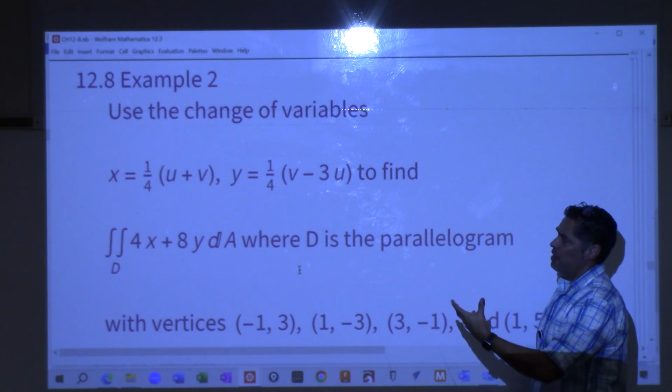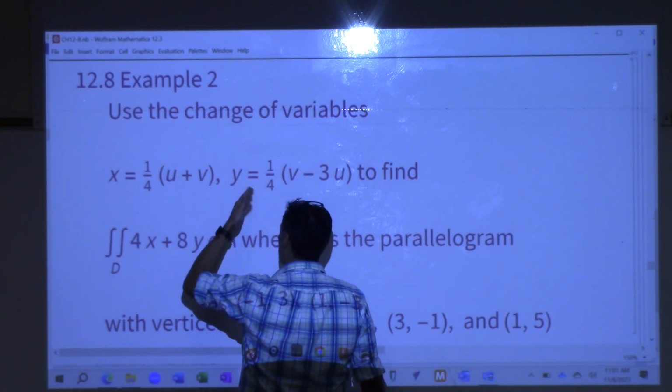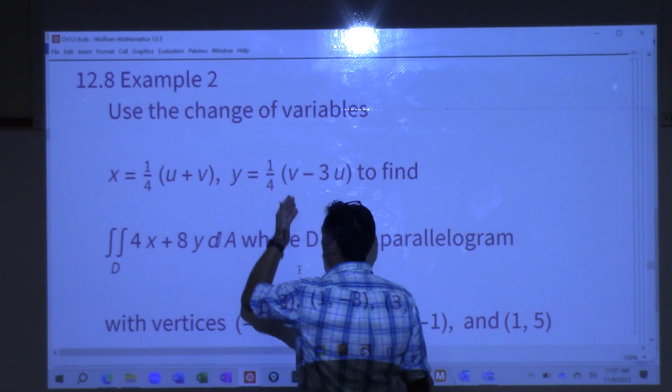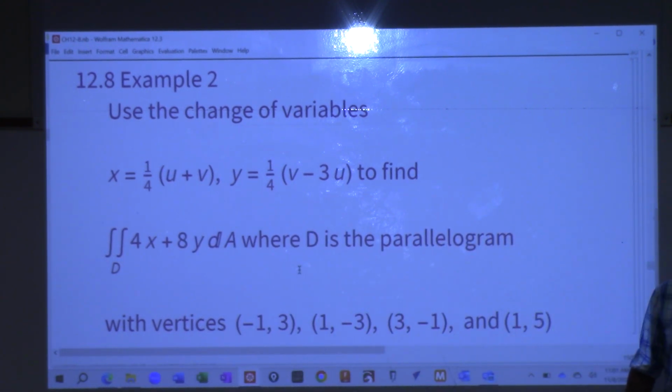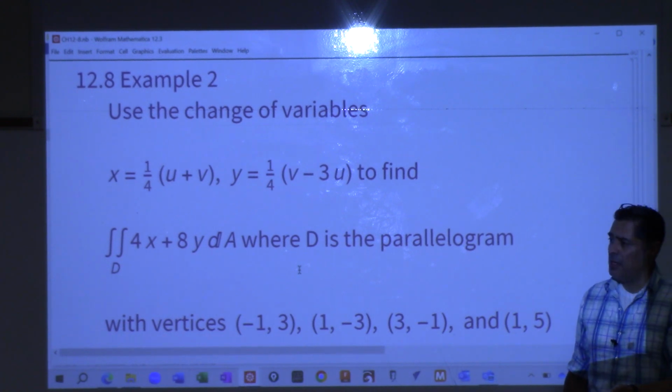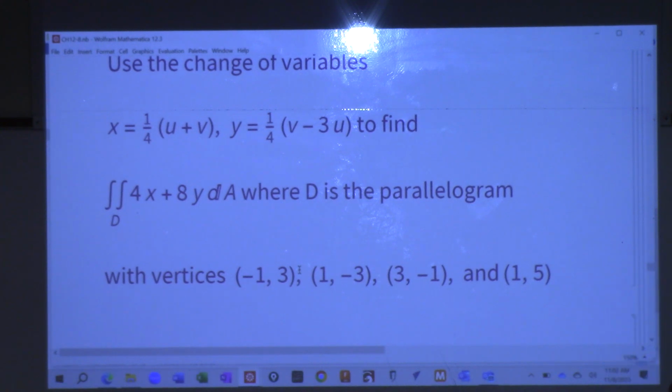The idea is that you can change your variables x and y over to any other two variables, like in this case u and v, with any sort of conversion you want, so long as you can do the Jacobian, and so long as the new integral, the new region, is going to be something you can integrate. I think you'll see this play out when we actually do this example. Hopefully it'll start to make sense.